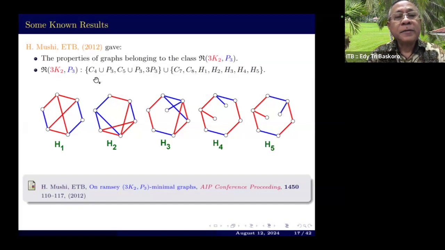Yeah, we have this set of disconnected Ramsey minimal graphs for this pair, and this set contains all connected graphs of this Ramsey minimal graph.